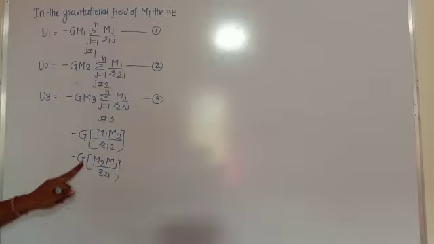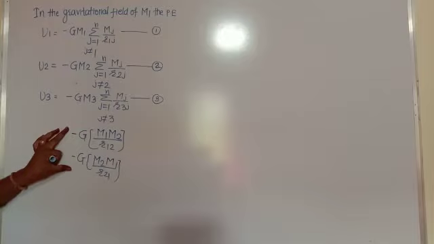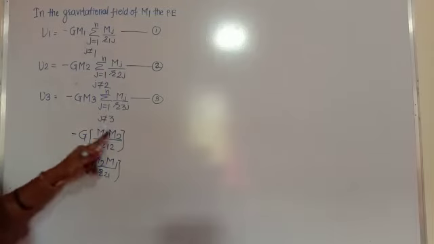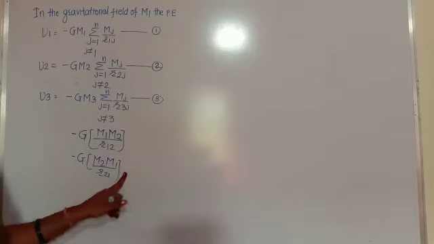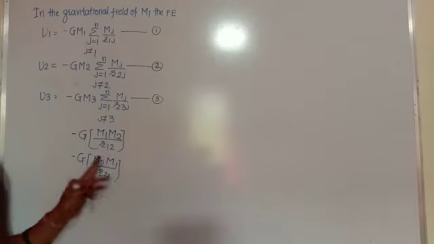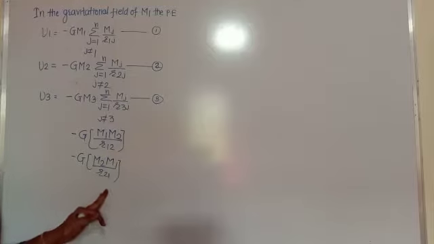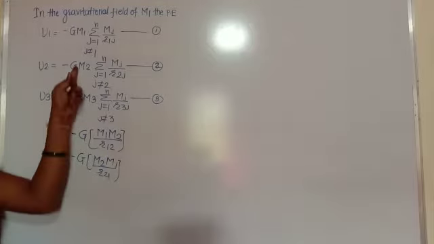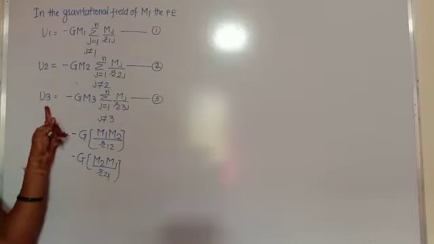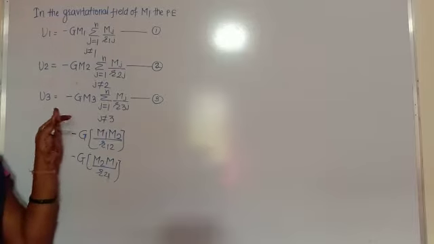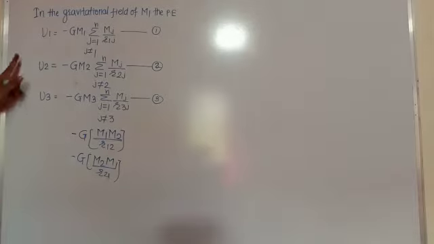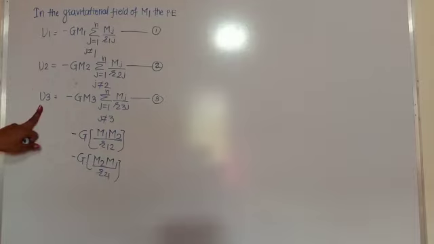This is the first term, this is the second term, so in all the equations these two terms are the same, that means each occurs twice. This is in equation first, this is in equation second. So if we calculate the self energy of the body, the total potential u1 plus u2 plus u3, we have to divide the sum of these equations by 2.